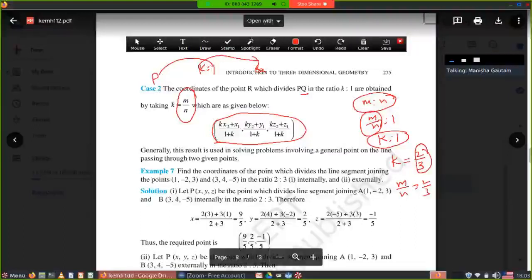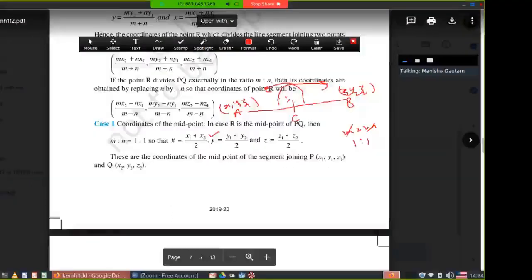It means 2:3. You can do the question by taking k:1 or m ratio n, both ways. Sometimes it is very easy to do the question when you take k:1. This formula is also used when you want to calculate the midpoint of the given coordinates.